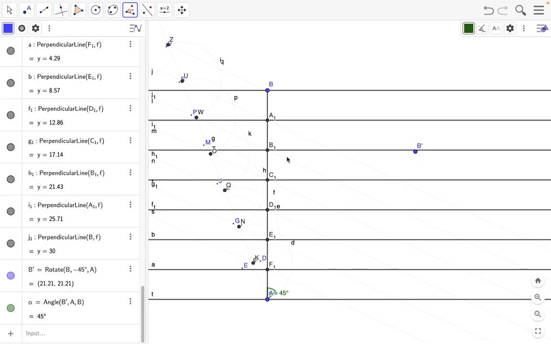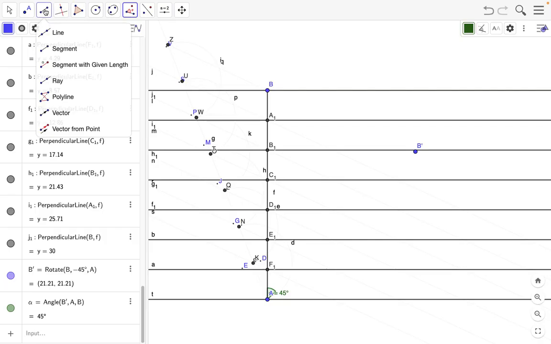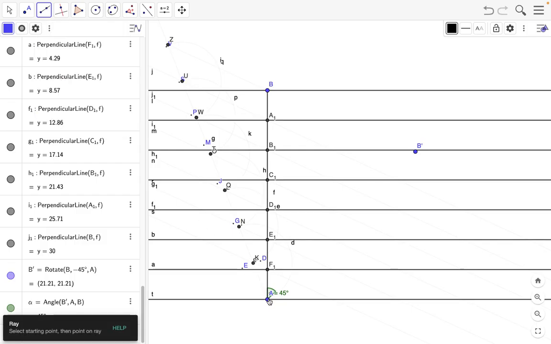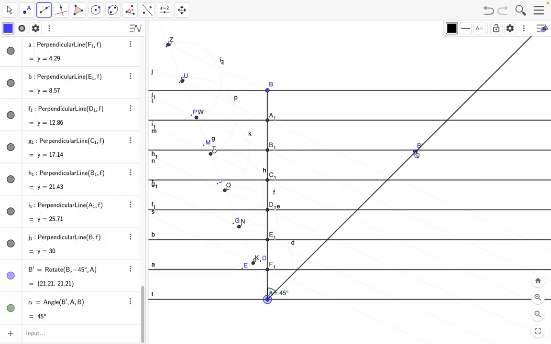That means as if point B is rotated to B prime about point A by the angle 45 degrees. Now we will draw a ray joining A and B prime.